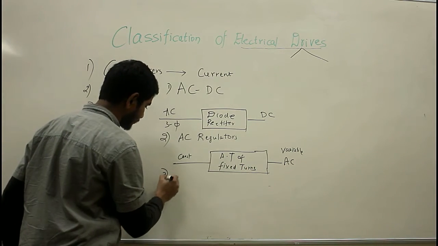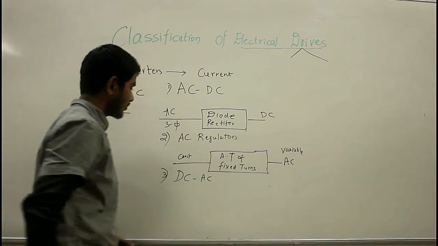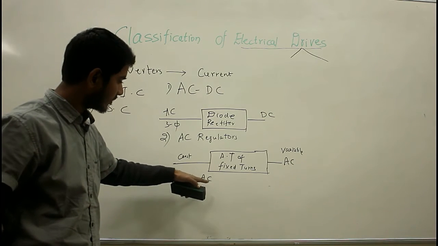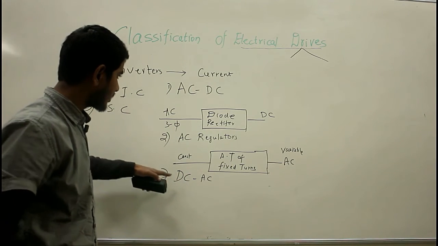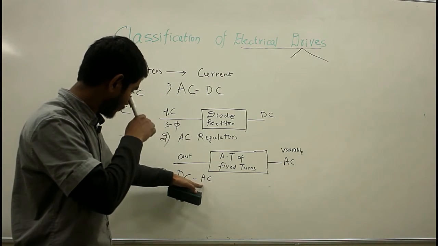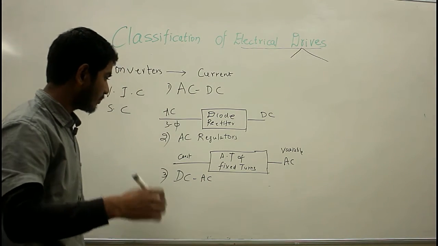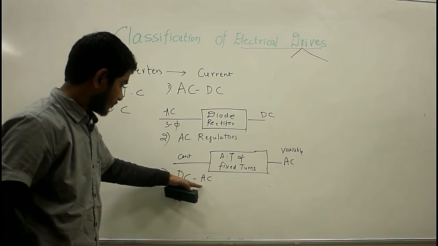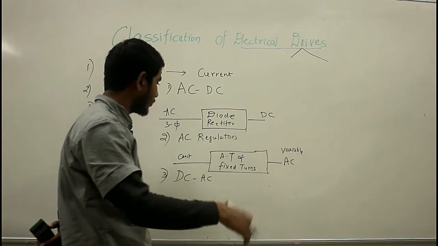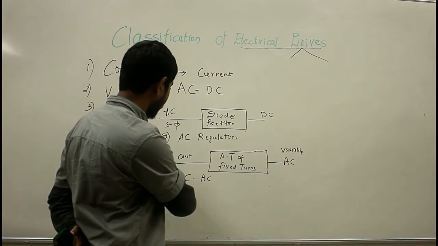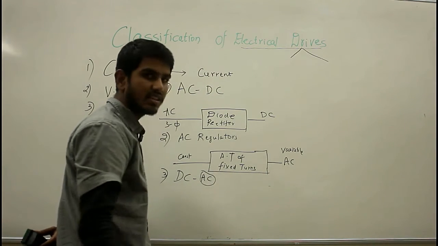Now the other type is DC to AC converters. Here we are obtaining the AC voltage from a DC supply of fixed voltage, basically employing power semiconductors, or you can say PWM inverters, for obtaining the AC voltage from your DC supply.